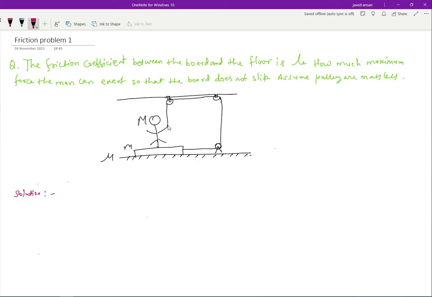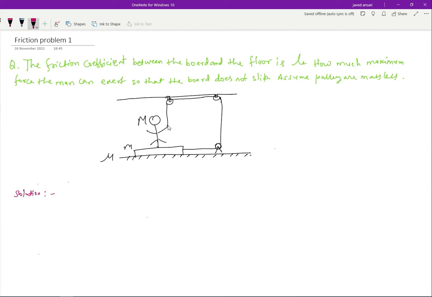Let's understand the different forces acting here. So if he pulls this down, there will be tension in the string, right? So tension, if he applies force on the string, from Newton's third law of motion, the string will also apply force on the man, which will be opposite in direction.